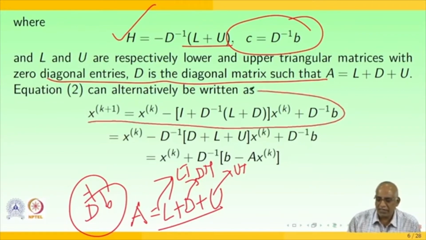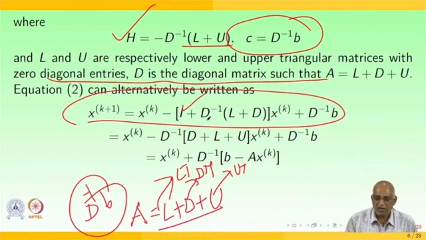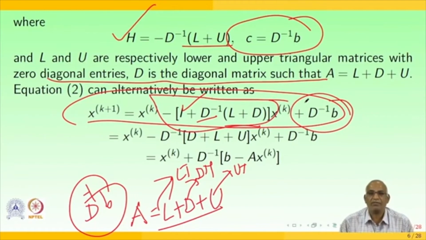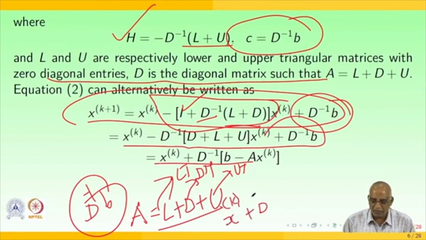So we can write it as x of k plus 1 is equal to x of k minus D inverse of L plus D plus U times x of k plus D inverse of b. So ultimately we will end up with x of k plus D inverse of b minus A x of k.